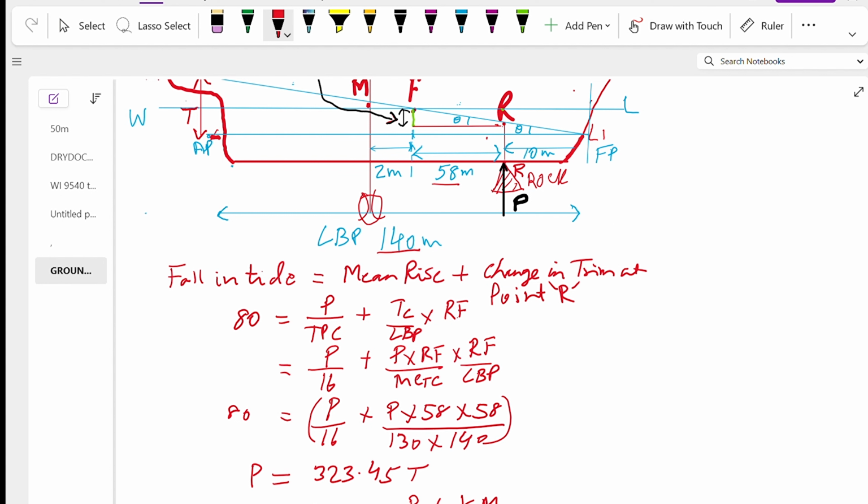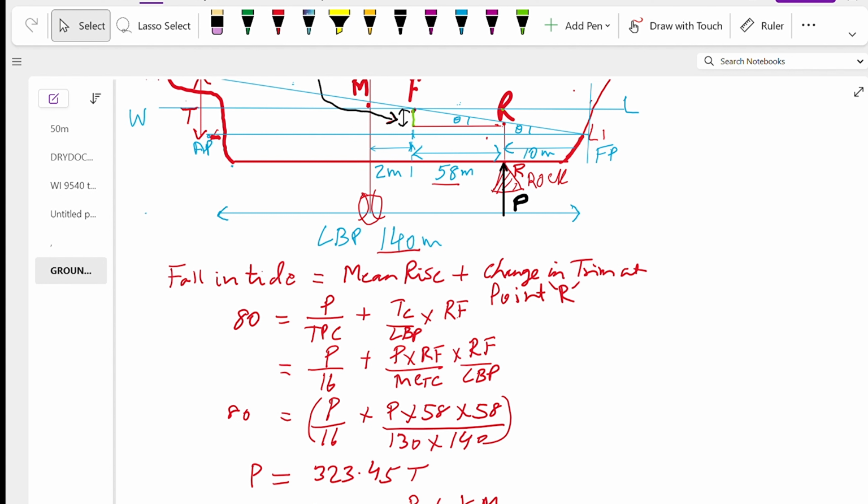So that is 80 centimeter fall in the tide. And we know that the force P, which is upthrust force from the ground acting upwards, gives the same effect as if a weight equal to P tons has been discharged from that location.